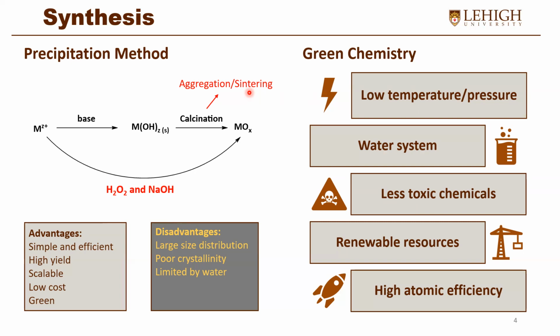Because the size of the nanoparticle is very important, as the size increases, the reactivity will likely decrease. So we want to skip this step and avoid the risk of destroying the catalyst. In this work, we use hydrogen peroxide and sodium hydroxide to produce the metal oxide precipitate directly, so we can skip the calcination.